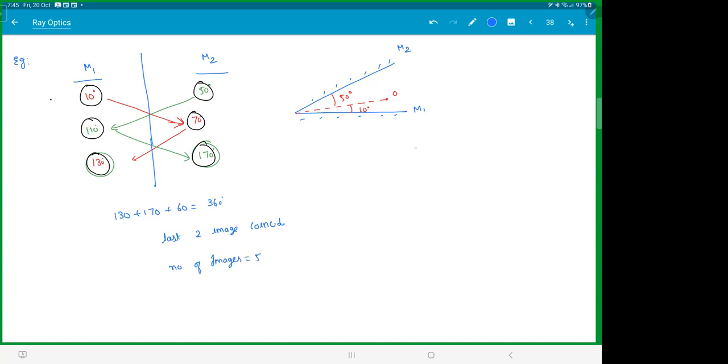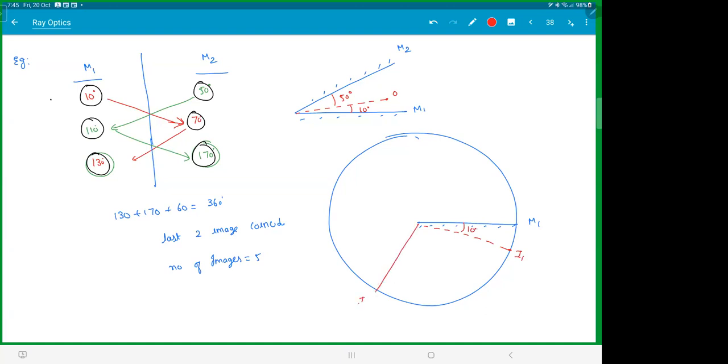So you want to look at the images. Now see, listen carefully. This is what I was saying. This is the circle. This is M1. I'll just show for M1, okay? So if the first image of M1 is at 10 degrees, the second image is at 110 degrees. The third image is 130 degrees.